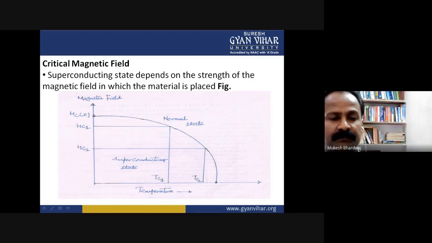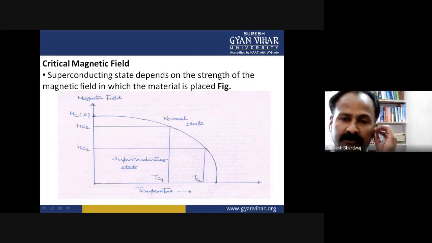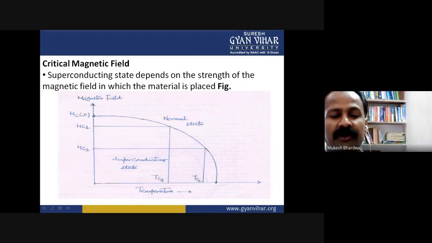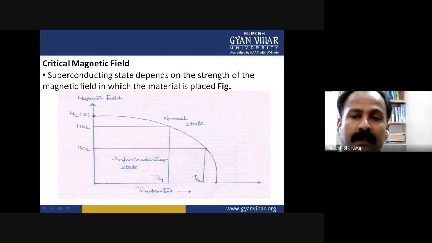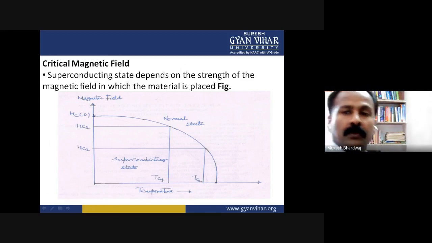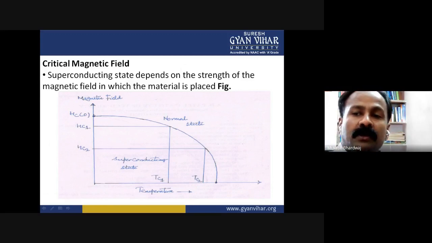So, here is a short explanation to understand this figure. Removal of the superconducting state does not only occur by raising the temperature, but also by subjecting the material to a magnetic field.